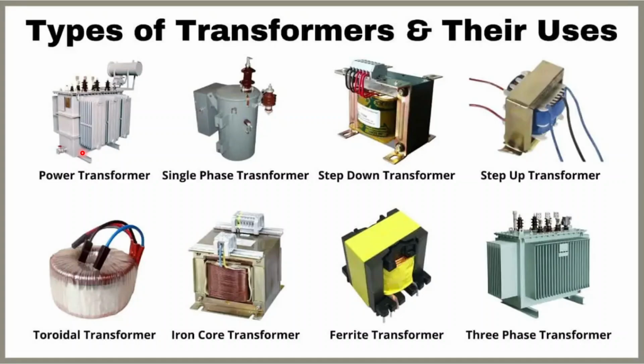By stepping up the voltage, they reduce the energy loss during the transmission. Next, we have the industrial plants. Power transformers can be used in the industrial plants to step down voltage for the equipment and the machinery.